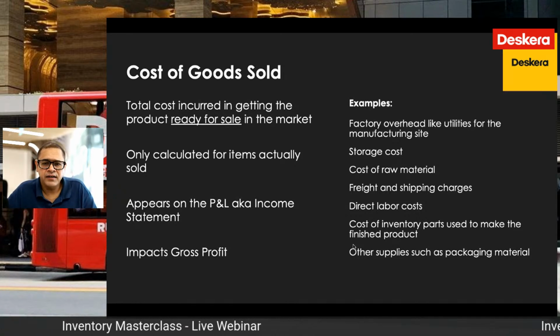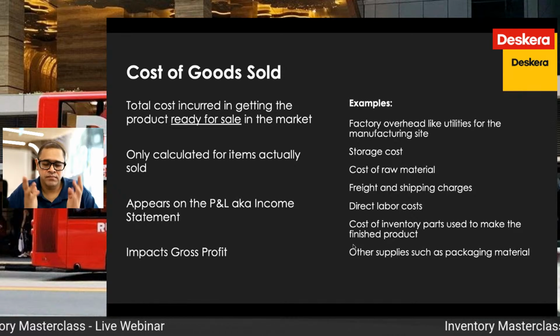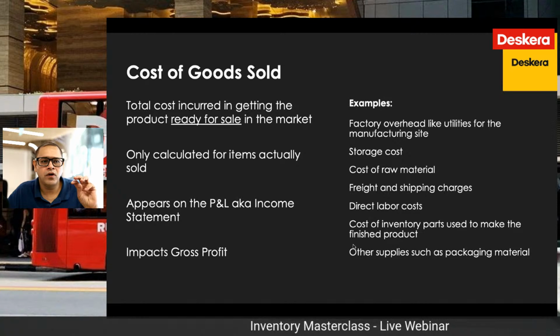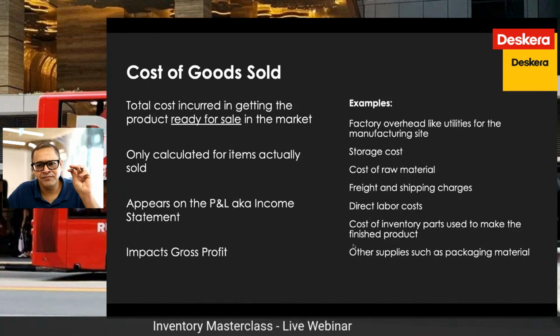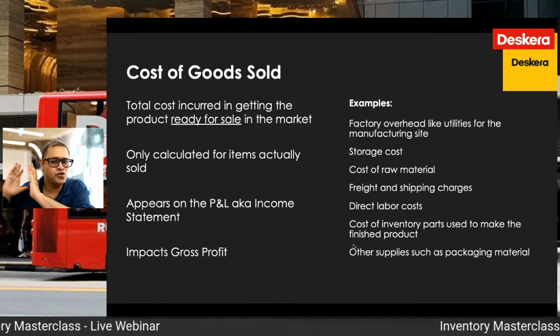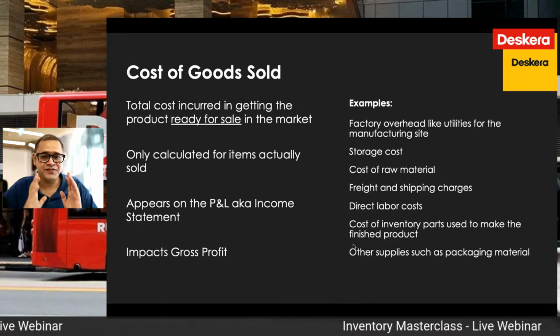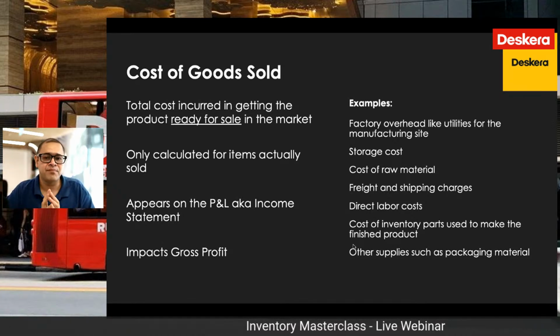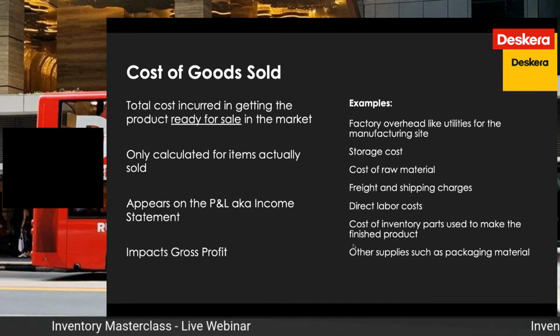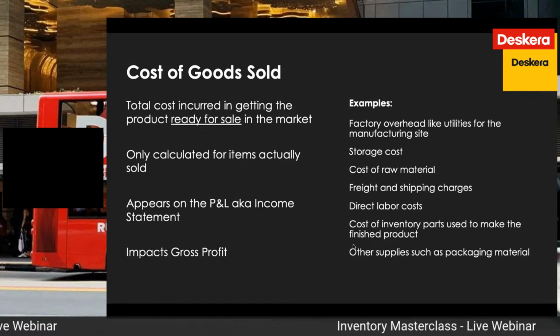Let's just look at the term. It is cost of goods sold. The sold part, or the term cost of sales, is the important part, because everything that I'm doing may not be contributing directly to the sale for a given period.